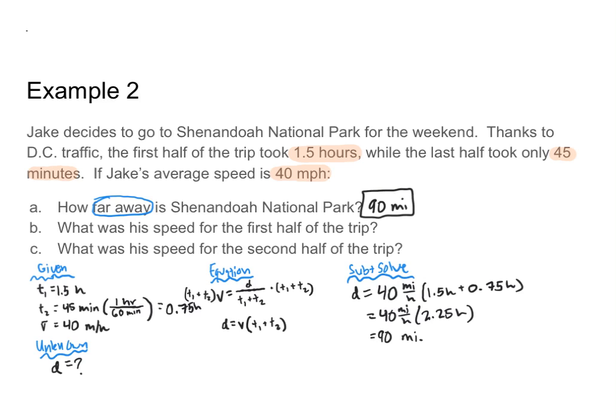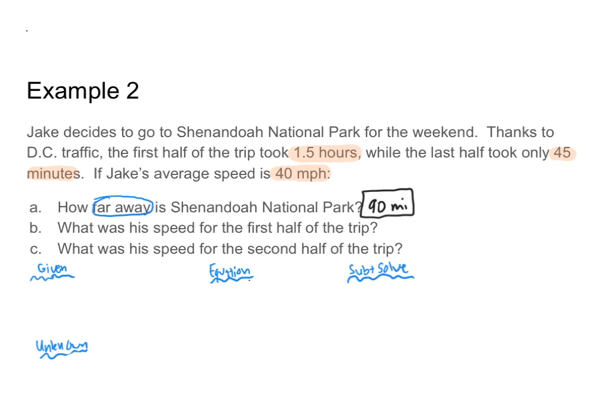Now I'm ready to move on to part B. And I'm going to go ahead and just erase everything that I've already done. Okay, so now I've erased everything except for my guess steps, and I'm ready to look at part B. In part B, I am trying to figure out Jake's speed for the first half of the trip. So let me start listing out my givens.